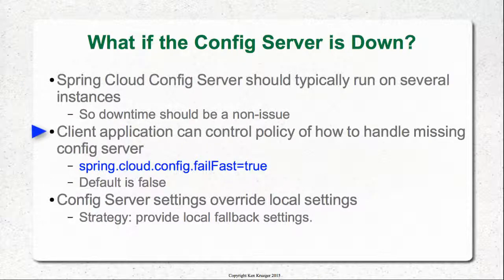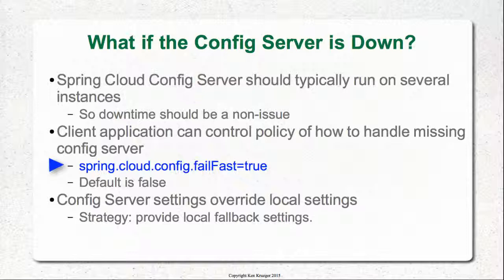But aside from that, the client application can specify the ultimate policy of how to handle the missing configuration server. This is really a matter of application code when it comes down to it. There is a setting called Spring Cloud Config Fail Fast. You can set this to true. The default is false. So by default, and you can see this in the upcoming exercise, we'll have a client and a server.